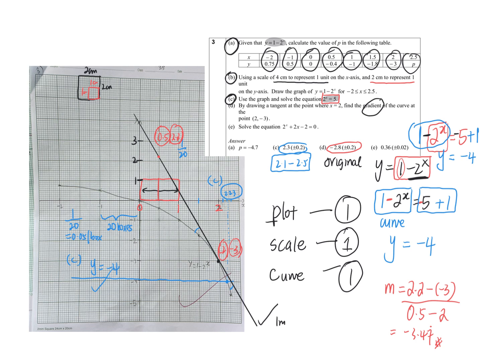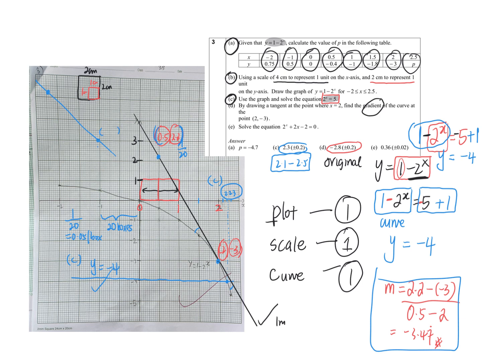How I get 0.5, from where? I just read this point. I pick any 2 points on the line. This line that I draw, I just go and pick any 2 points. Go and find the coordinates of those 2 points, then find the gradient. So based on the line you draw, go and find any 2 points.